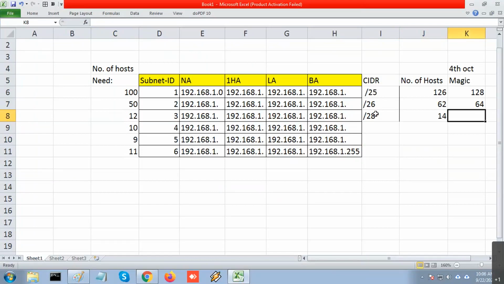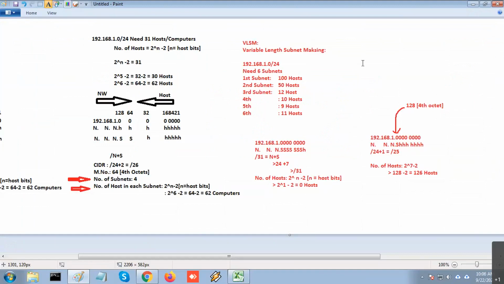8. How many bits are you borrowing? 192.168.1.0000, so N dot N dot. 4 host bits, right? So 4 host bits means 4 subnet bits. Yes, 16.